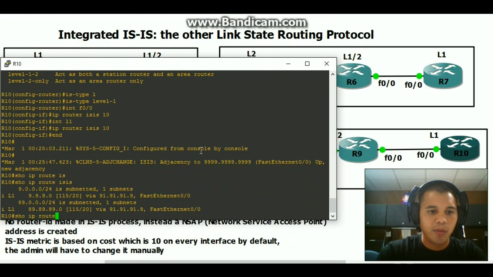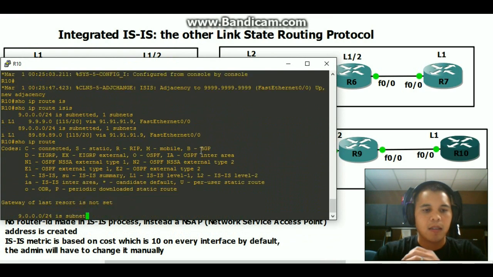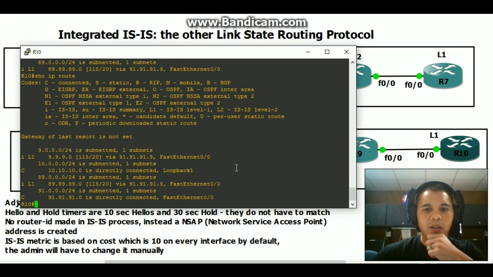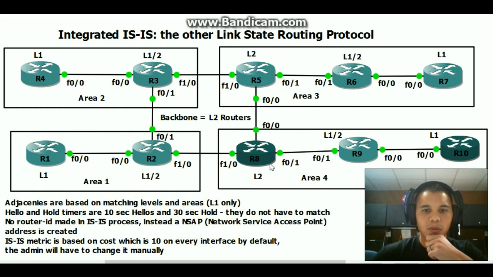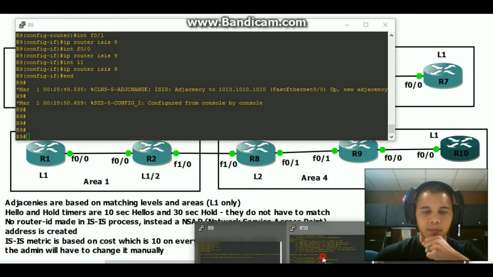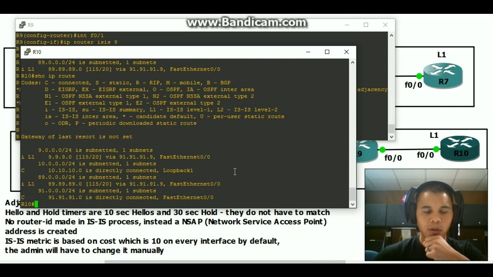Let's actually do a show ip route. And one thing that I want to show you, since I don't have a level 2 adjacency with router 8 yet, basically we're only running inter or intra area routes.